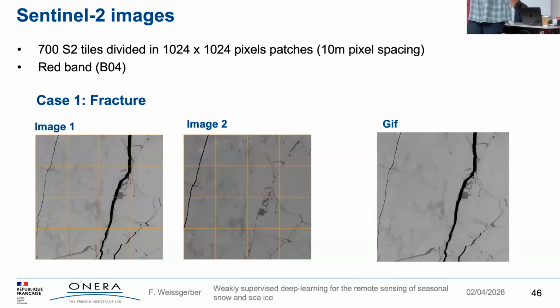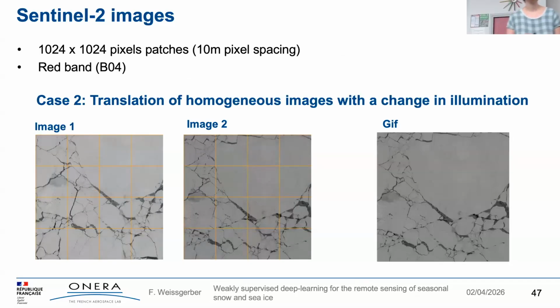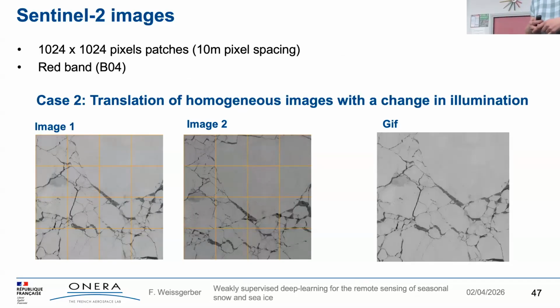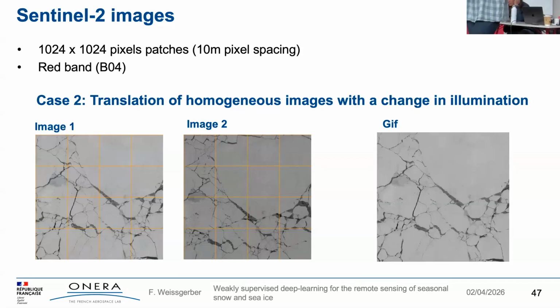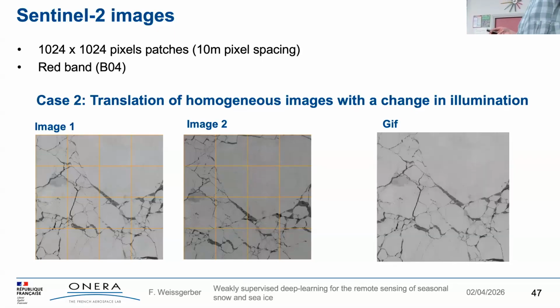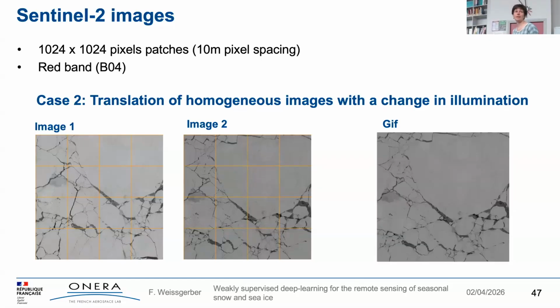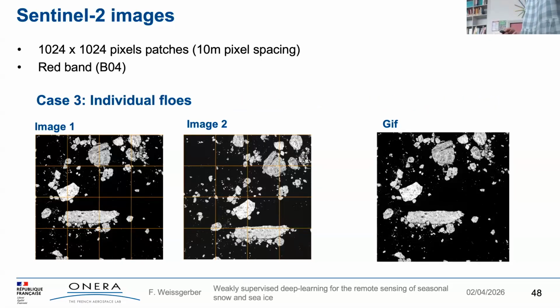So I will take a bit of time to present you these examples because I will talk about them later on. We also have another set of images with a very simple translation, but there is not much, it's quite homogeneous. And also there is a change in the illumination between the two images. And a third case that I really like, that are individual floes.